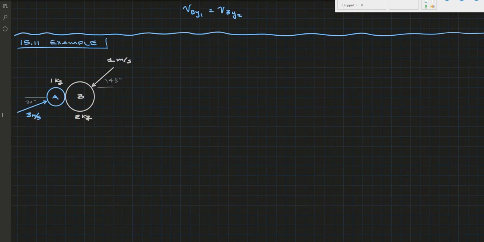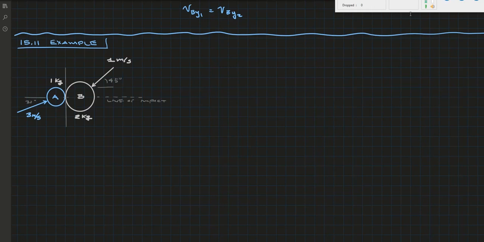And so we need to define a line of action here where these things hit, line of impact actually, which will go through the centroid of both of these objects.